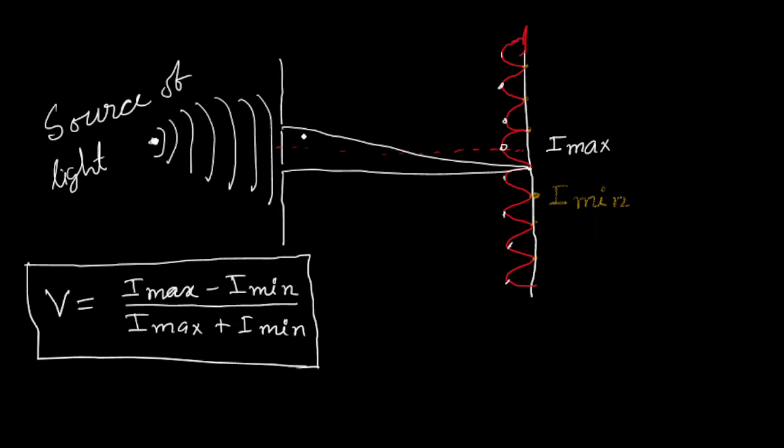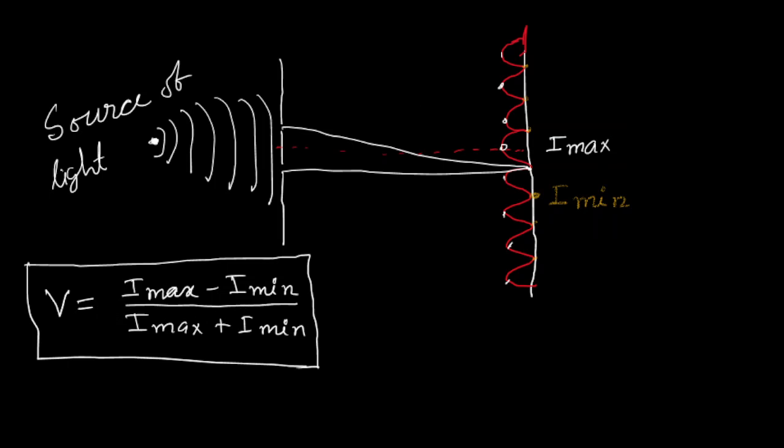When this light passes through the pinholes, they will create secondary wavefronts, and when the waves superpose at the screen, depending upon their phase, at some points intensity will be maximum and at some points minimum. This phenomenon is known as interference, and this pattern is called the interference pattern. In this case, what will be the visibility? For that, we measure the maximum and minimum intensity, and putting them in this formula, we get the visibility.